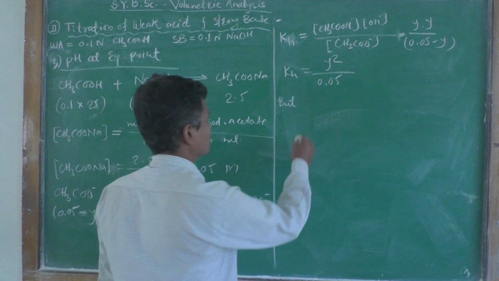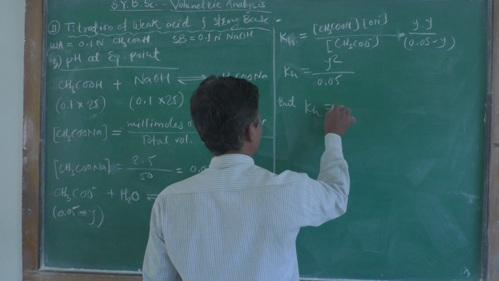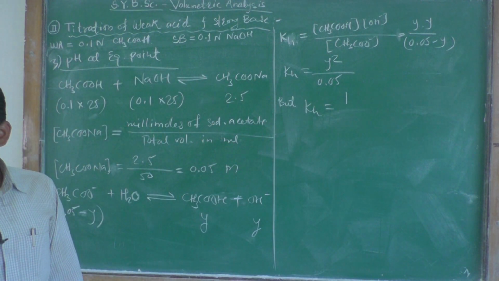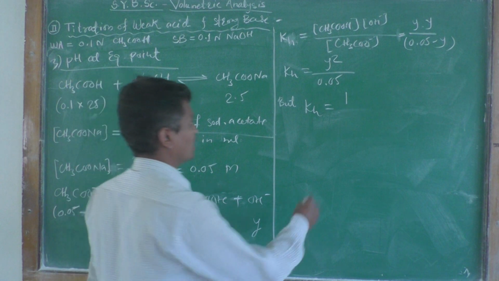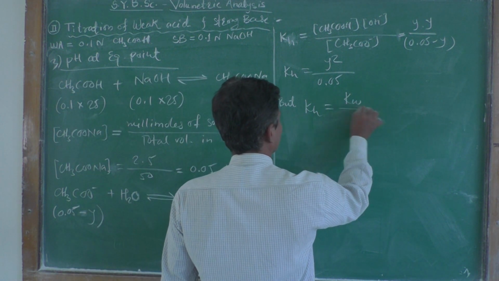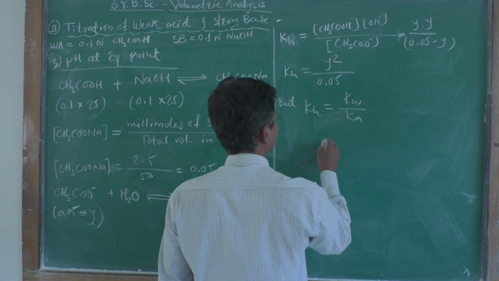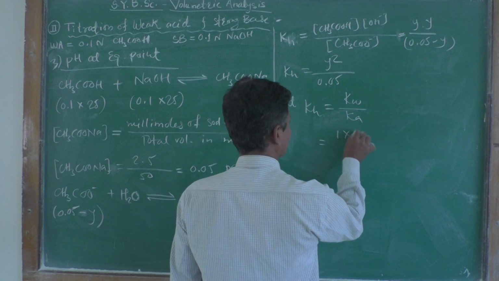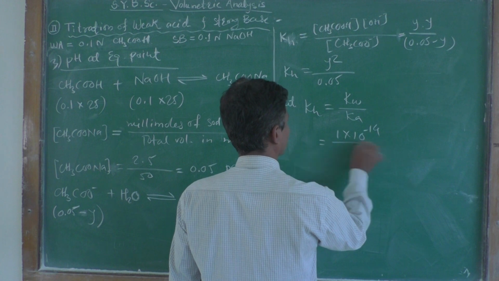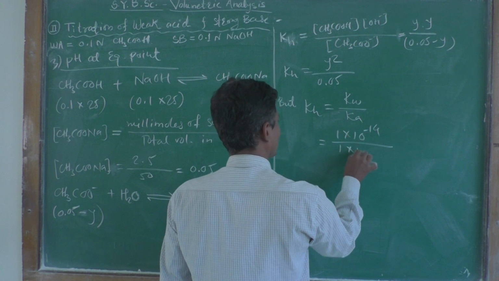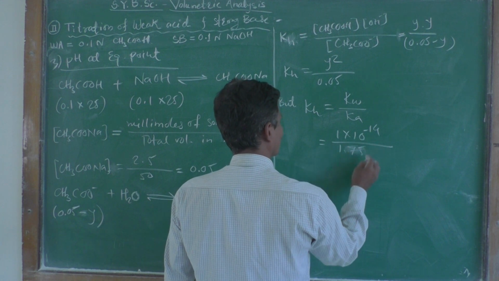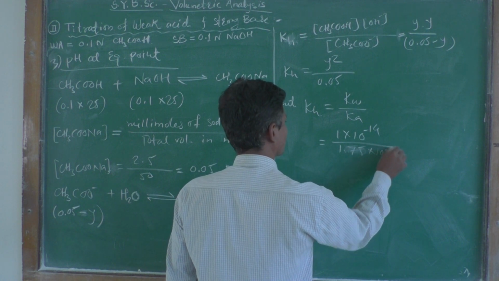But we have one more formula for KH, and that is KH is equal to Kw upon Ka. What is Kw? This is the ionic product of water and it is 1 into 10 raised to minus 14, divided by Ka, which is 1.75 into 10 raised to minus 5.